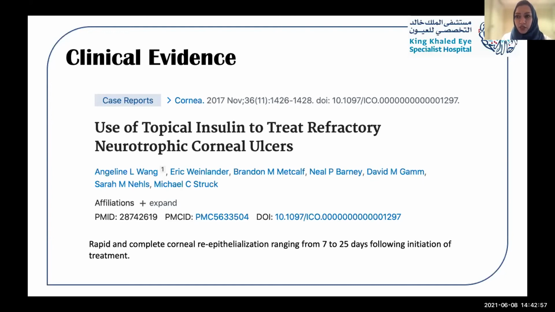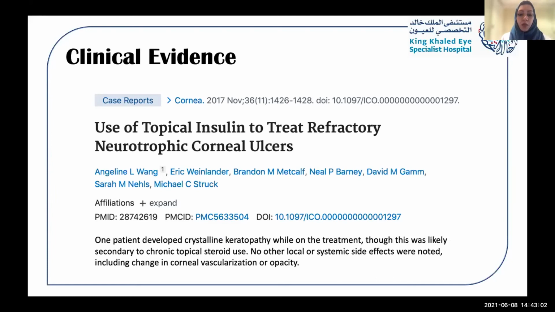They had different underlying pathologies. As for the side effects, only 1 patient developed crystalline keratopathy, but they assumed that this could be due to the chronic steroid use rather than the medication itself.